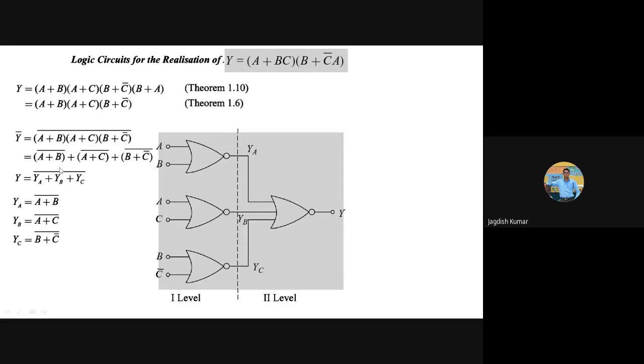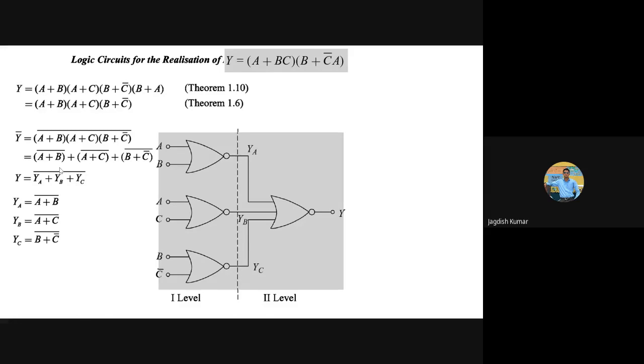By this time you should have got the significance of the sum of products or product of sums form. These forms are helpful in reducing the levels. From a 3-level or multi-level Boolean expression, we can get a 2-level Boolean expression.